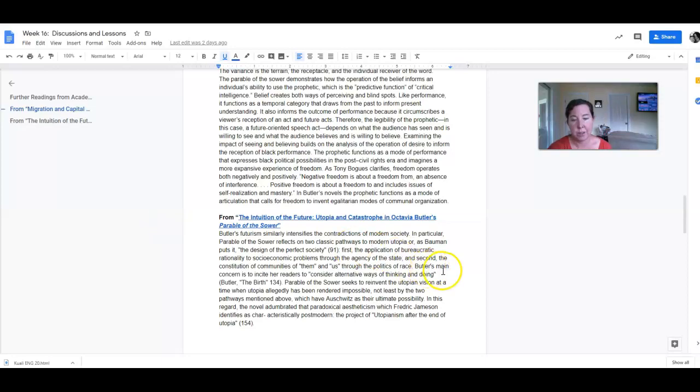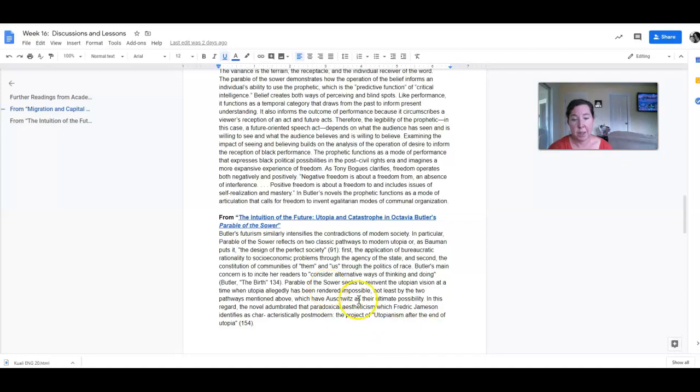So this author argues that Butler's main concern is to incite her readers to consider alternative ways of thinking and doing, and that the Parable of the Sower seeks to revive utopian vision at a time when utopia allegedly has been rendered impossible, not least by the two pathways mentioned above.